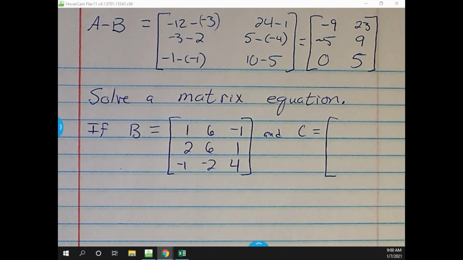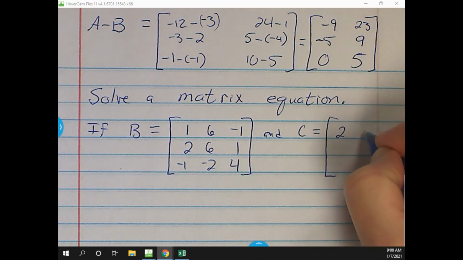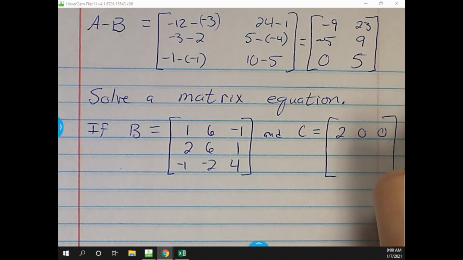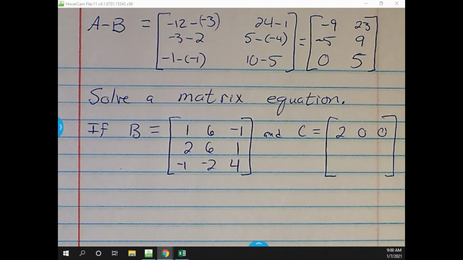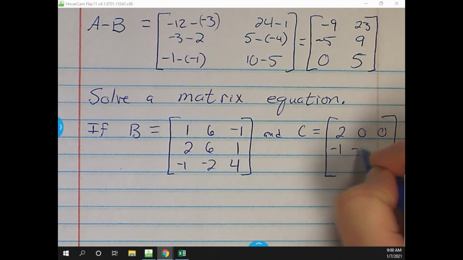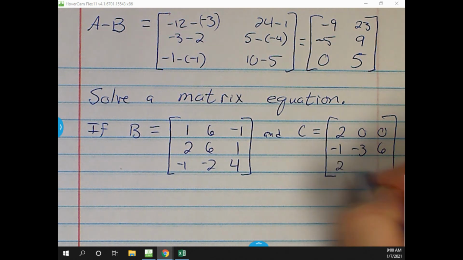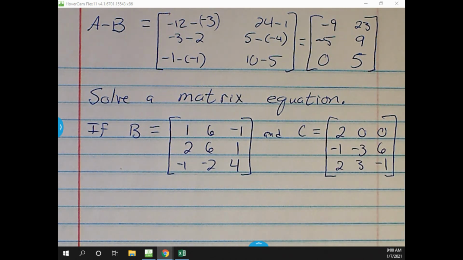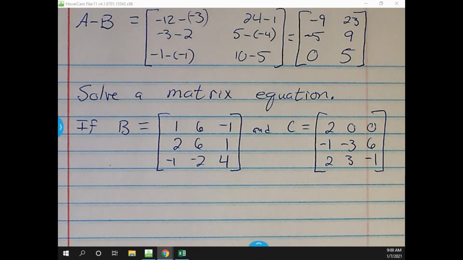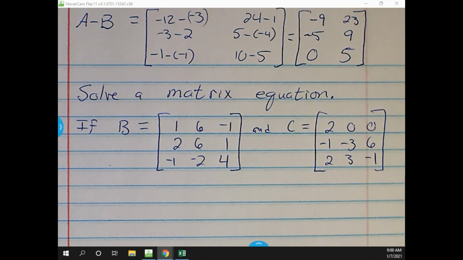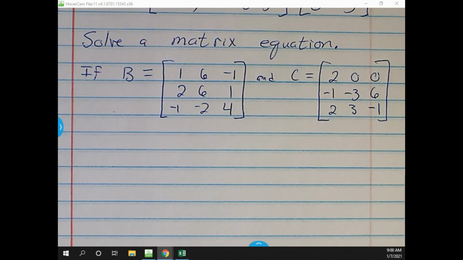And then matrix C, we'll go with 2, 0, 0, -1, -3, 6, and then 2, 3, -1. Okay, so they'll define out what your matrices are that you're working with.